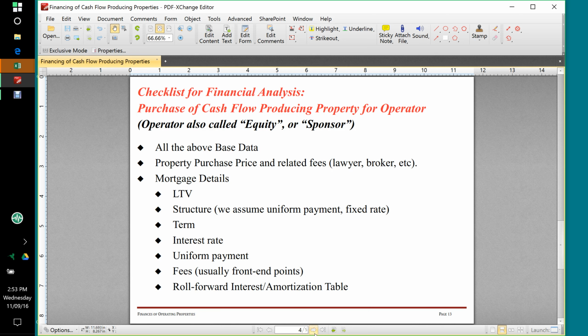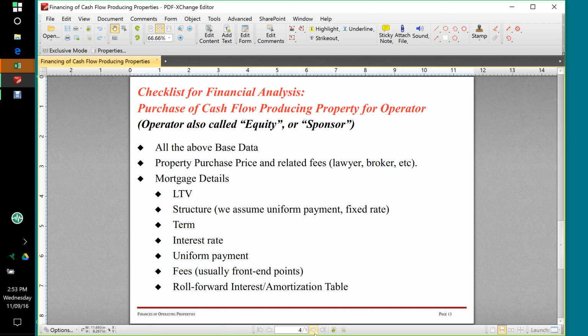Okay, so a little bit more specifically, this homework is all going to be about the purchase of an operating property. So I put together a little checklist for the operator, what we have to be sure we address, and then also for the lender.